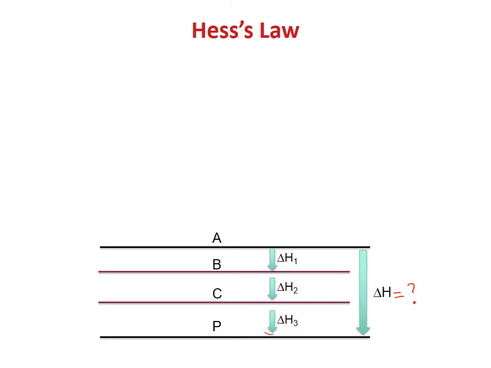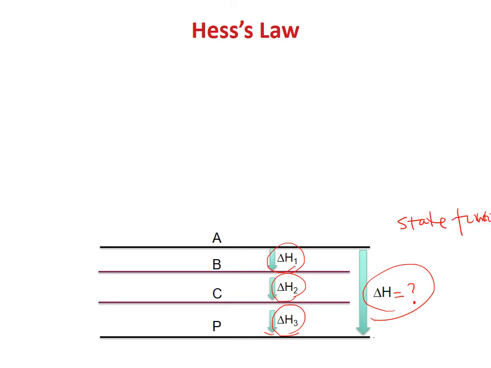Now we know, for this second path, the enthalpy change for each step: delta H1 is known, delta H2 is known, and delta H3 is also known. So can we figure out the enthalpy for the overall reaction from A to P using these individual enthalpies? The answer is yes, because enthalpy is a state function.